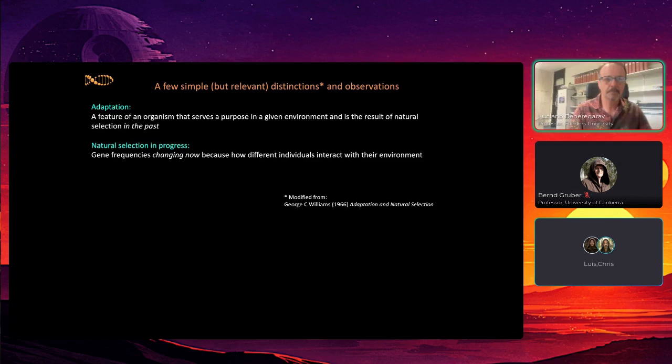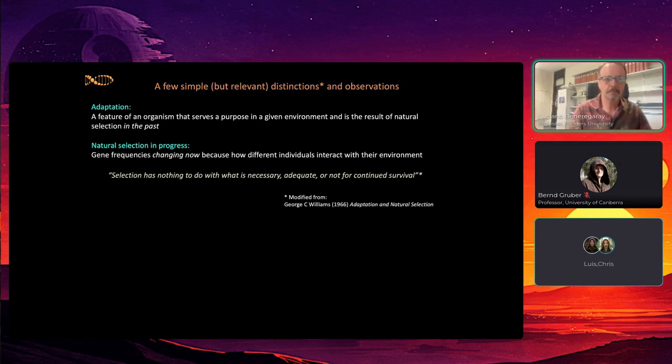And with that, I move now into the definition of natural selection, which I think is quite important to define as a process that is in progress. Natural selection is different than adaptation, being the gene frequencies that are changing right now in our current environmental context because of how genetically different individuals interact with their environment.